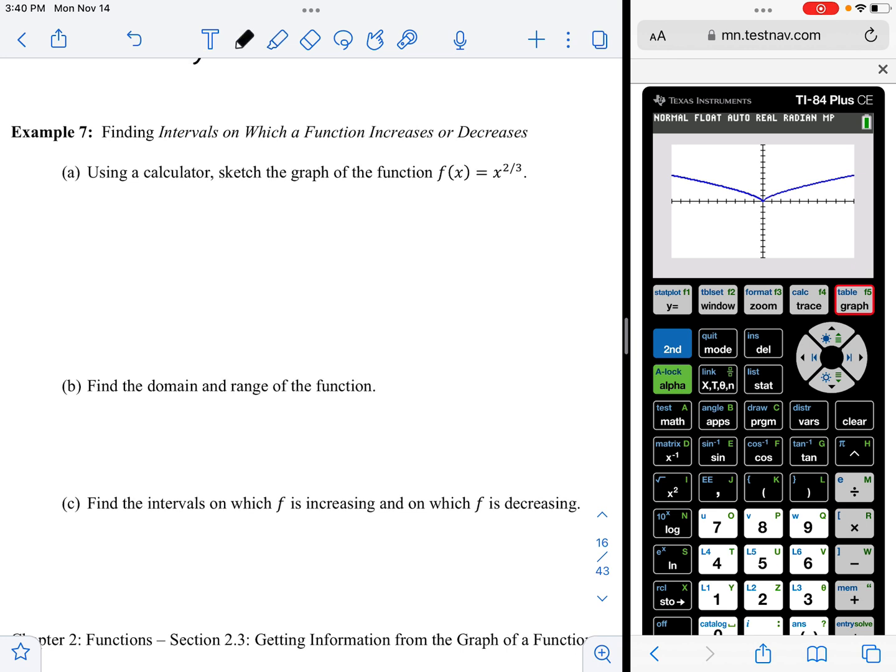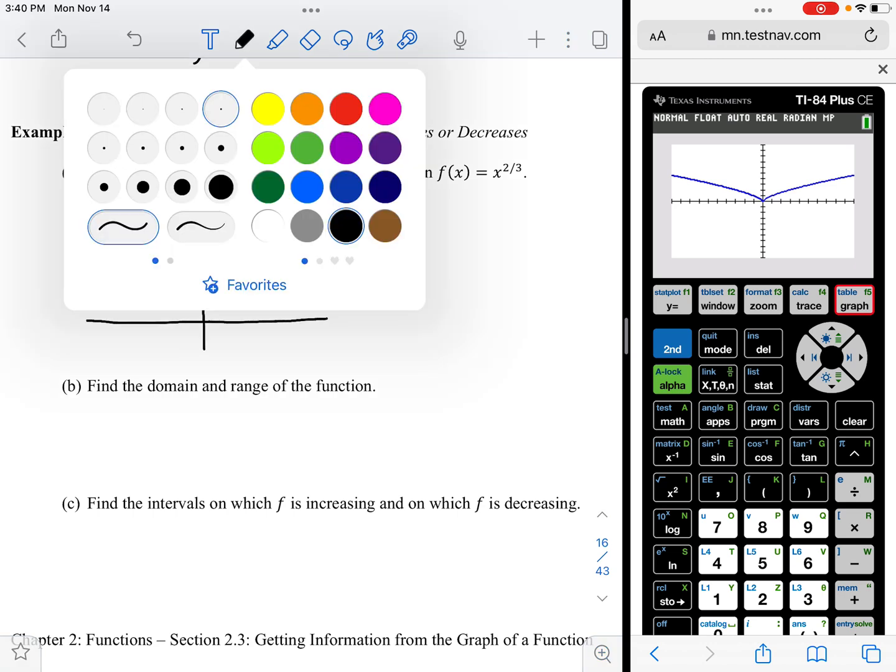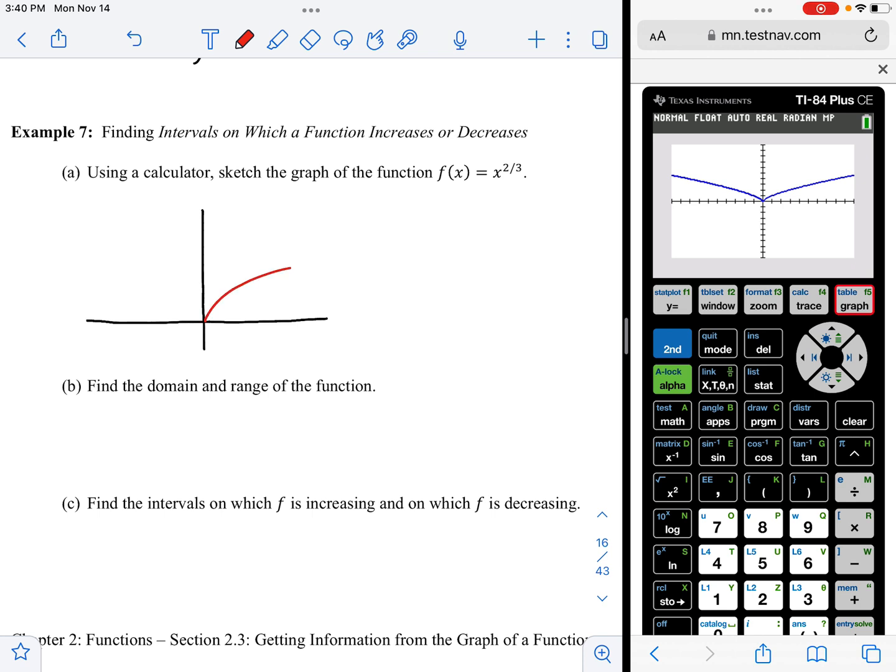So we'll just do a quick sketch. All right, so I'm kind of exaggerating it a little bit, but it looks like that. This particular function kind of looks like it levels off, but it actually continues to go upward forever.